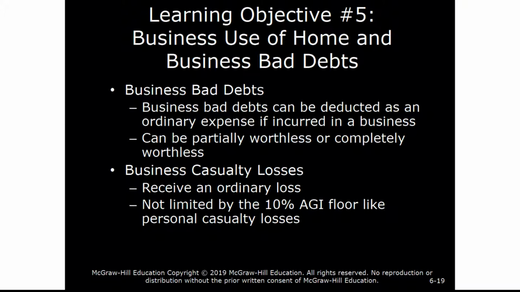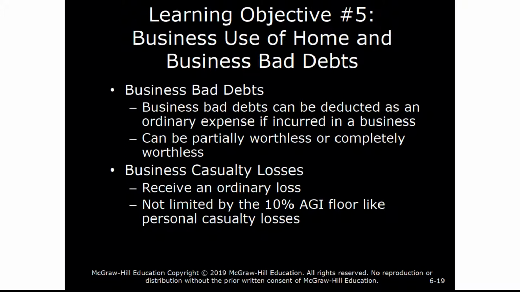If it were a personal casualty loss, like a tree fell on our car and our car was not used for business purposes, then we'd be subject to deducting on Schedule A $100 netted out of the loss, and then after that only the amount greater than 10% of AGI.